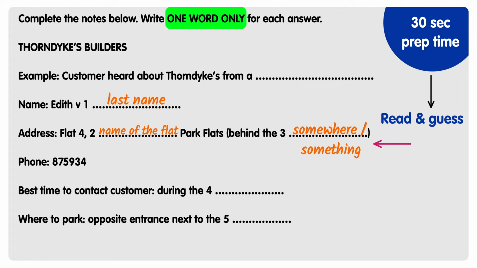So it is a place, maybe a museum, or maybe a library, or maybe a restaurant. Okay, so behind here is a connecting word. So be very careful about this word. Maybe in the listening section, they use a synonym for behind. So you have to be very careful here.